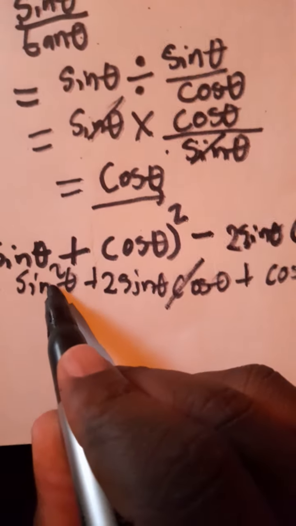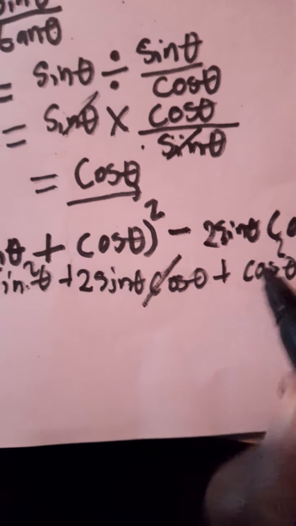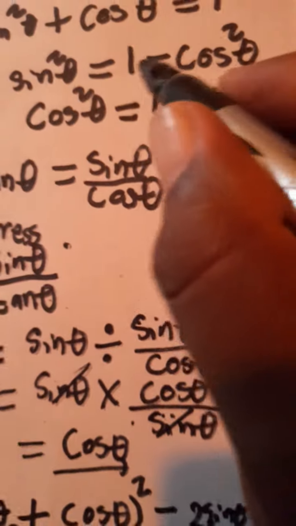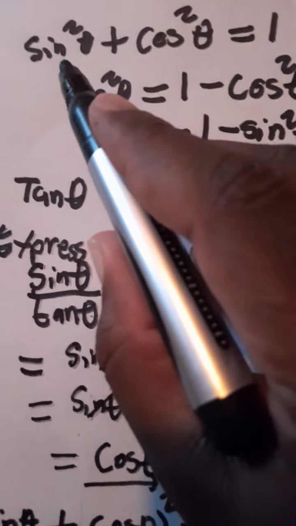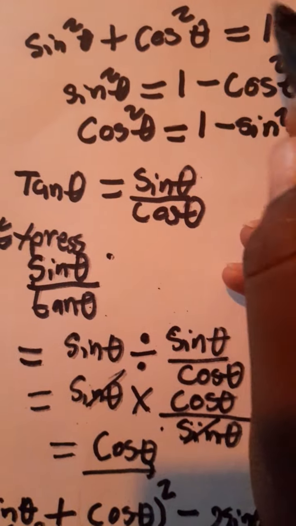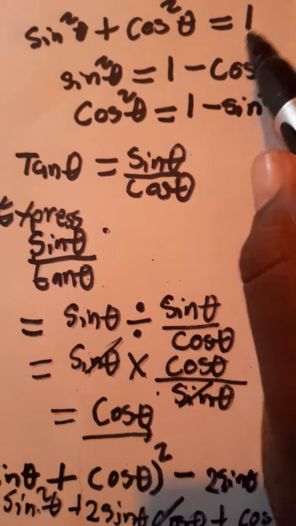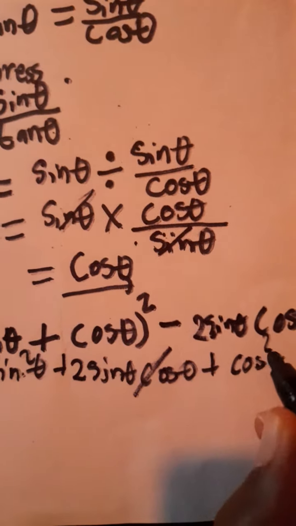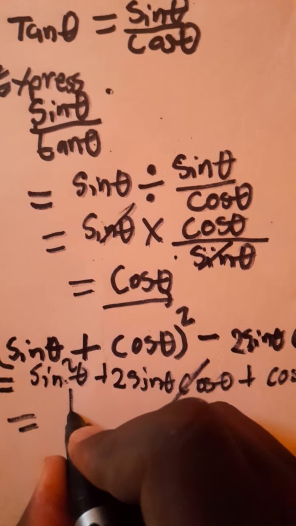We'll be left with sine squared plus cos squared. So what is sine squared plus cos squared? From our study when we started, I said that when you're given sine squared plus cos squared, which equals 1, this is a square identity, you're going to put 1. So our solution here will be sine squared plus cos squared, which is equal to 1.